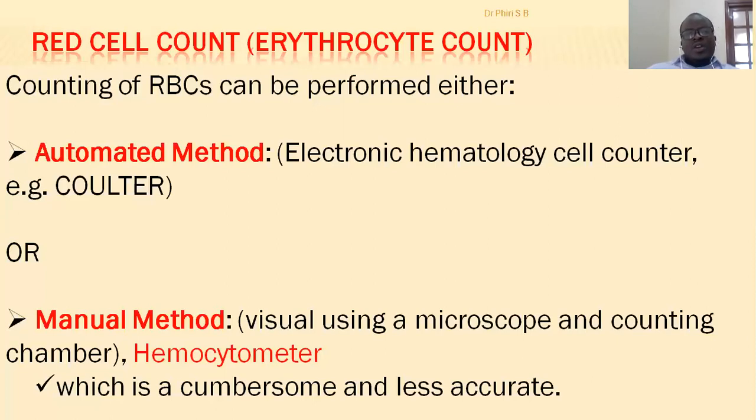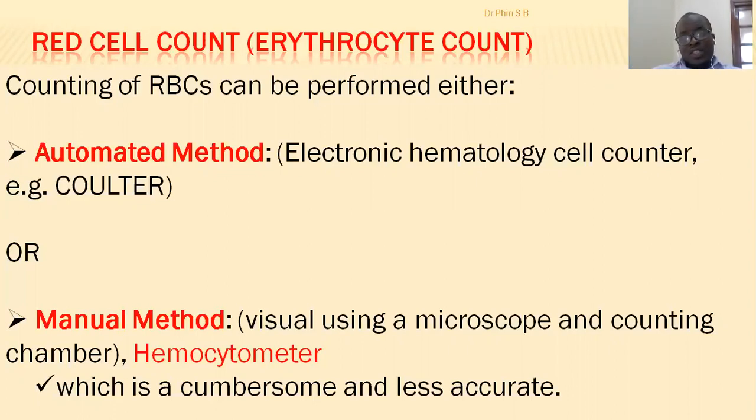The other reason why you want to do a red blood cell count is sometimes you just want to do a health screening. You just want to know if this person is fit or not, or whether they have sickle cell or not. Then on top of that, there are certain drugs that can induce hemolysis, especially NSAIDs, anti-inflammatory drugs.